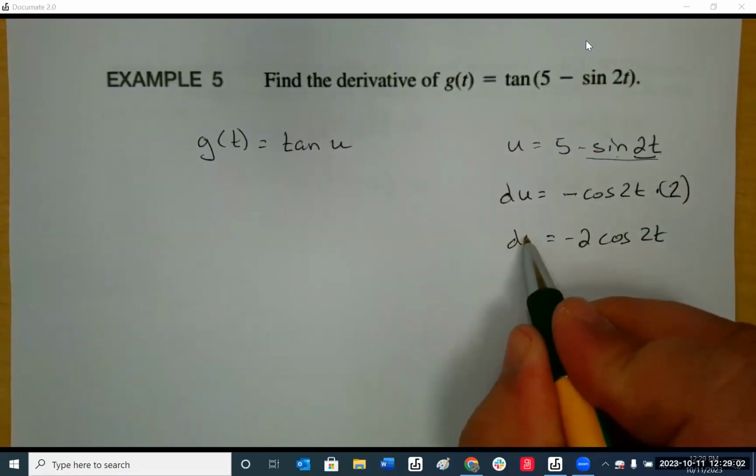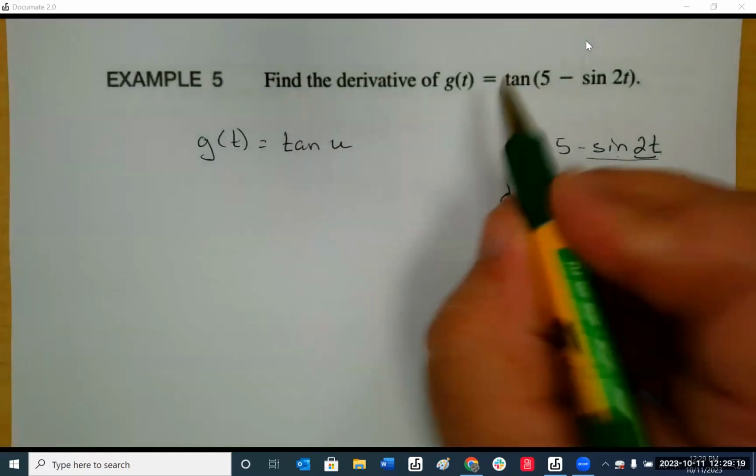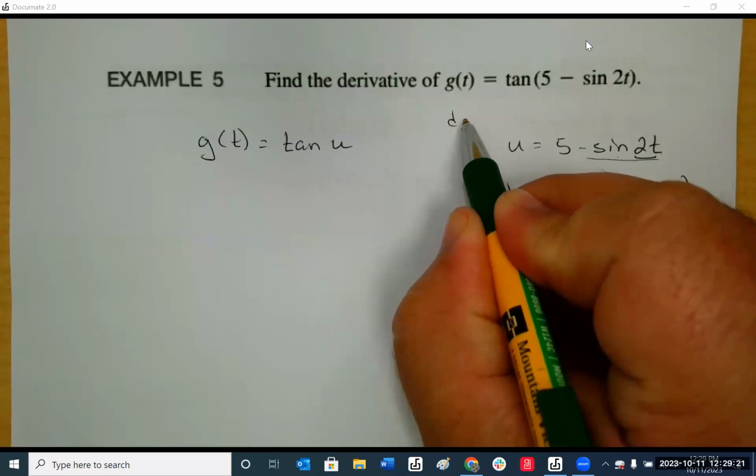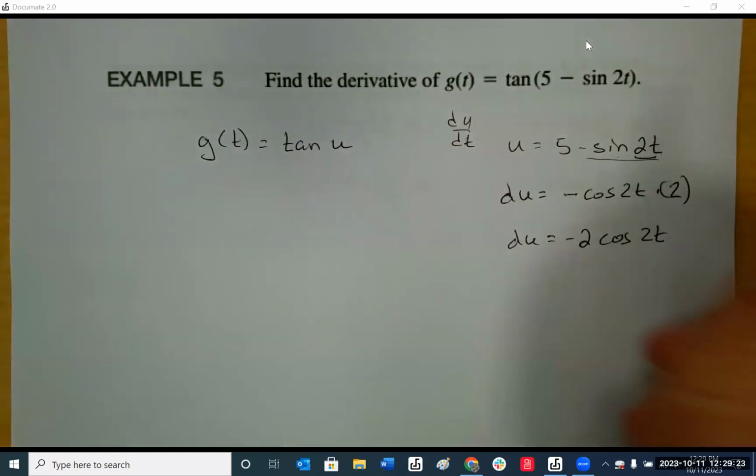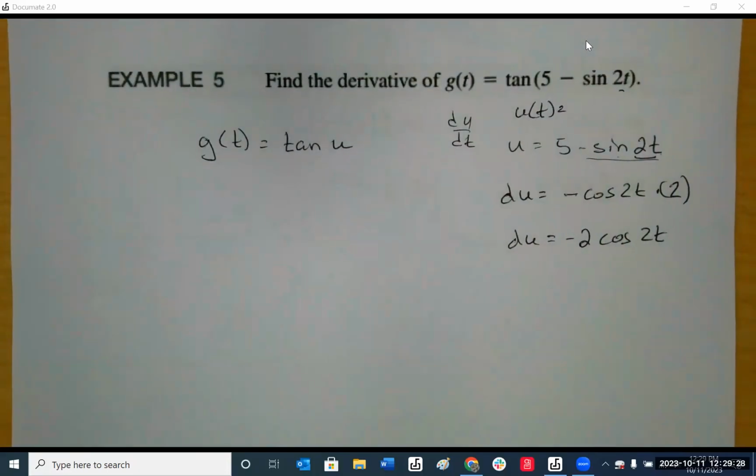So that is what our du is. When you're doing that, you also consider 2t to be the u of sine, because u is a function of t, the only variable inside there.